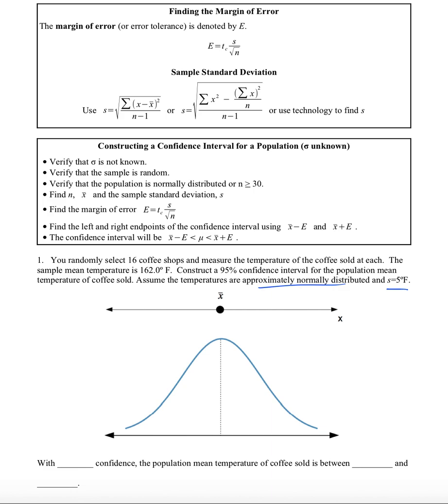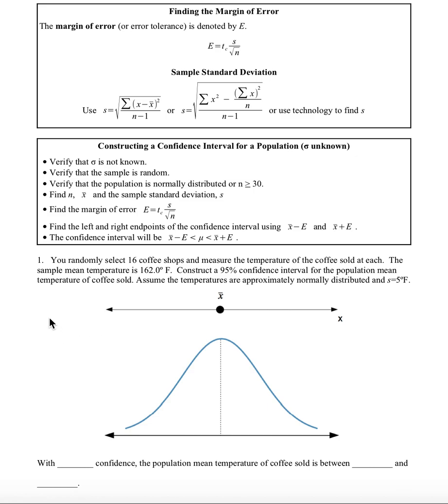If our distribution had not been approximately normal, if it had been something else that was unknown, then we couldn't have used this approach to finding a confidence interval. But now we know that we can. So let's go ahead and do all the steps that are necessary to create the confidence interval.